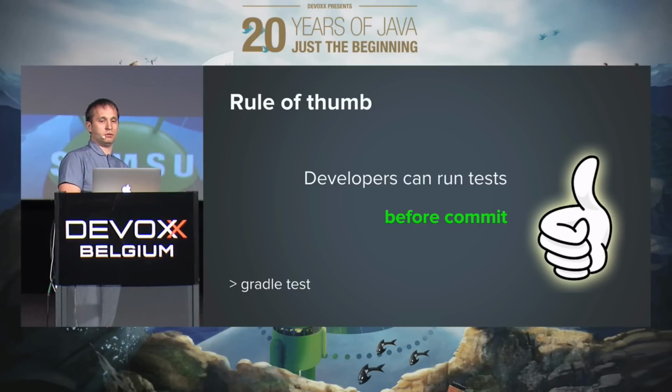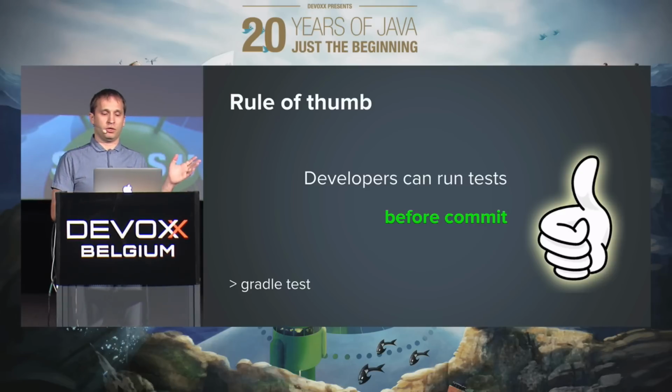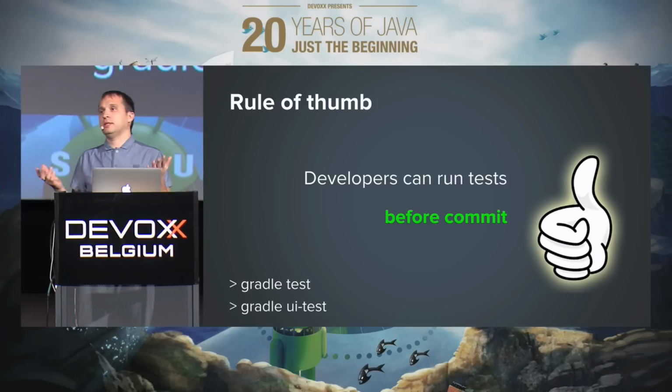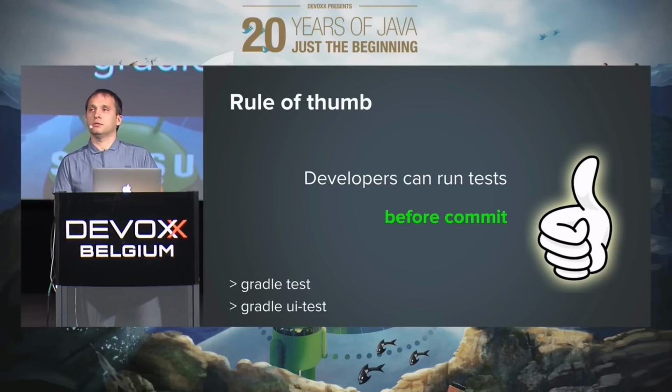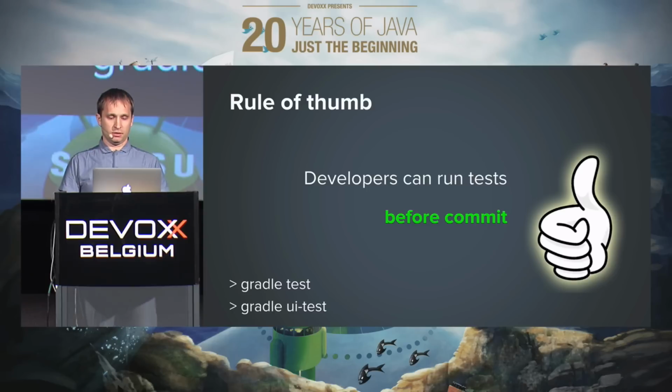In other words, your project should always have two commands: something like gradle test for running unit tests from the command line, and something like gradle UI test for running browser tests or any other UI tests, right now, on my machine, from the command line. This is needed for a really efficient development process.